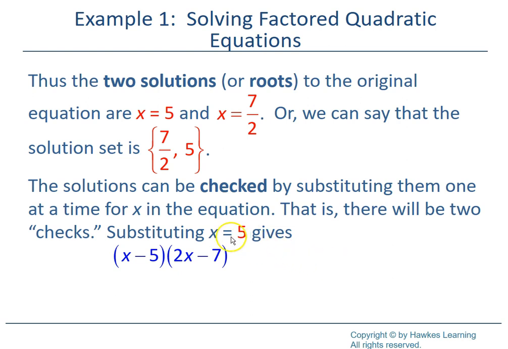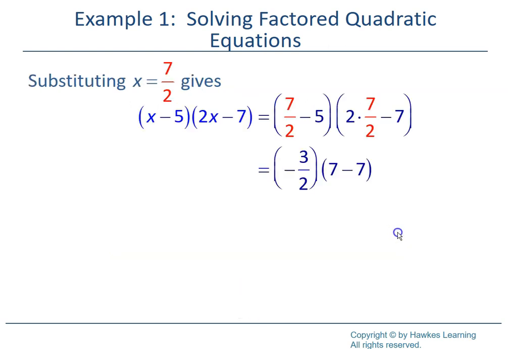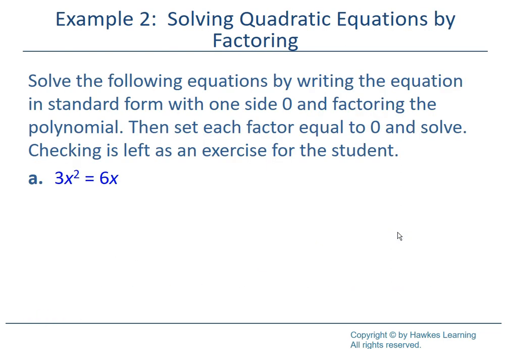Now, if we put a 5 in there, this is going to be 5 minus 5 is 0. 0 times this is 0. And if we put in a 7/2 there, this becomes 7 minus 7 is 0. So it checks out. They're giving quite an extensive proof here.